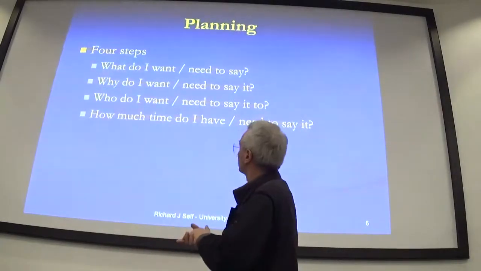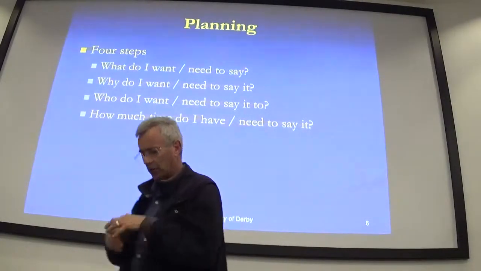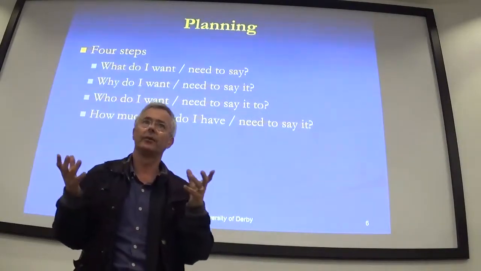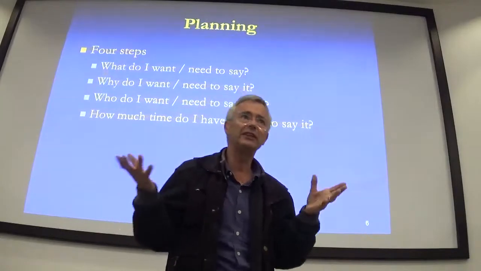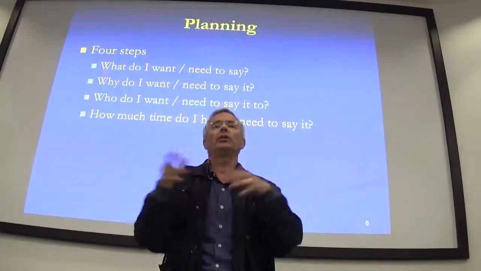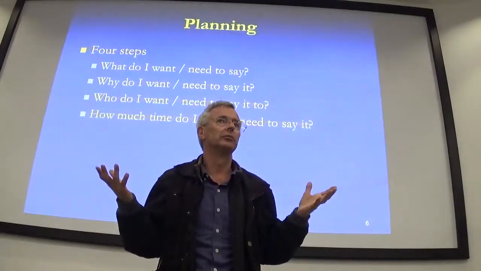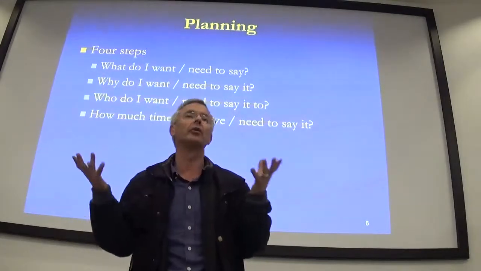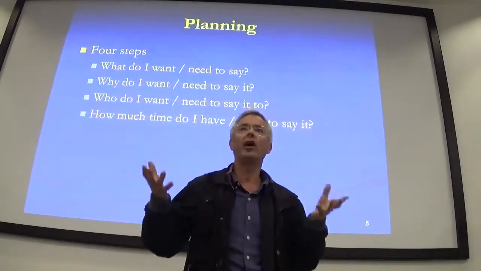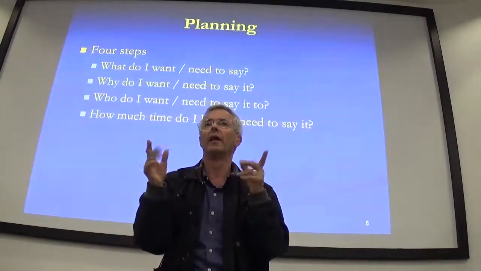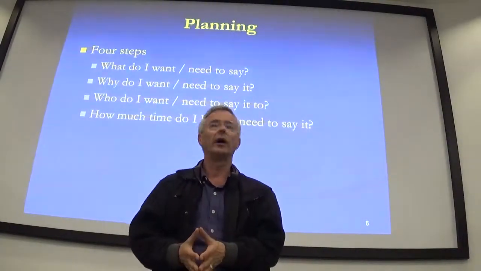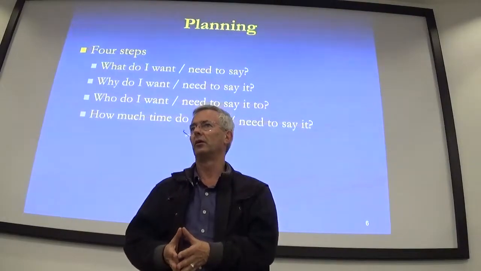So the first question is about what I want to say, the content. And generally speaking, once we've done the research and understood what it's all about, we have far more to say than we can possibly fit in. So then, you have to apply a filter.